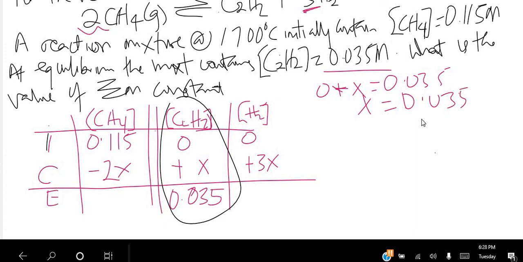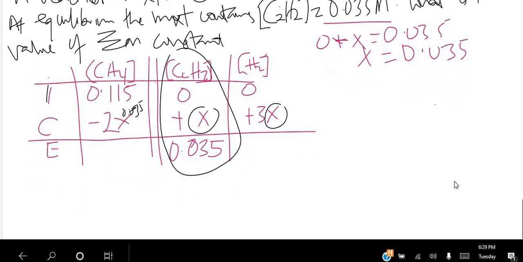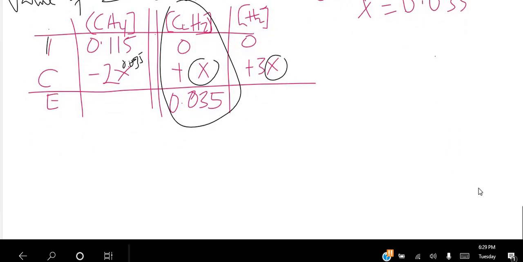So if this is 0.035, we can plug this into this expression. We plug it in also here, we plug it in here. So when we plug this value of x into this expression, we're going to have new values.